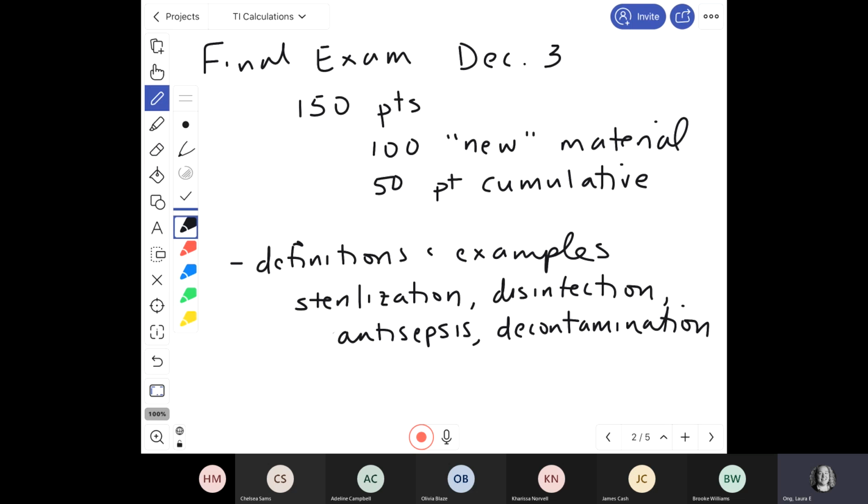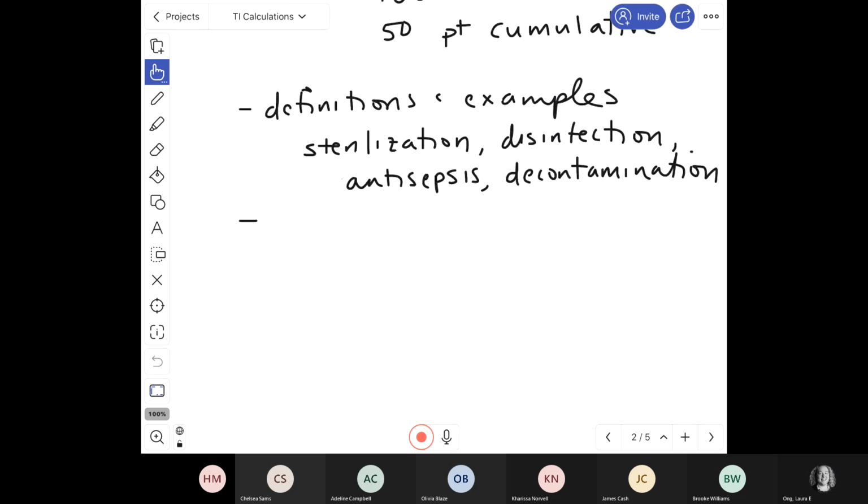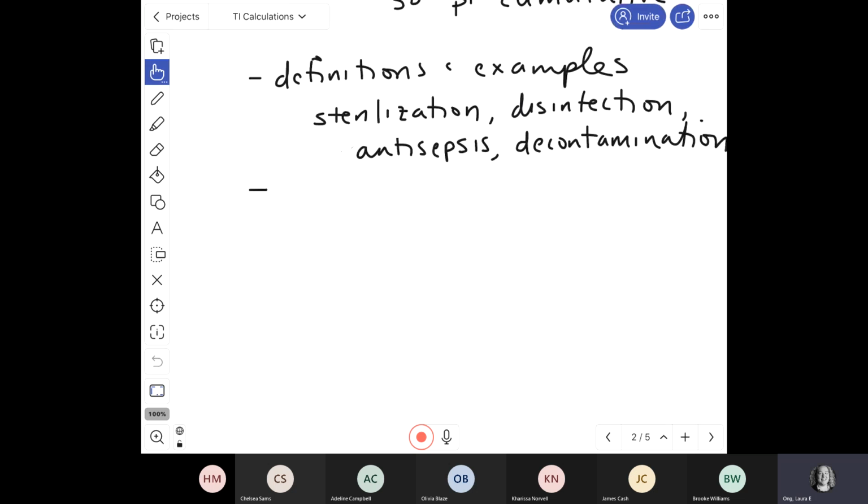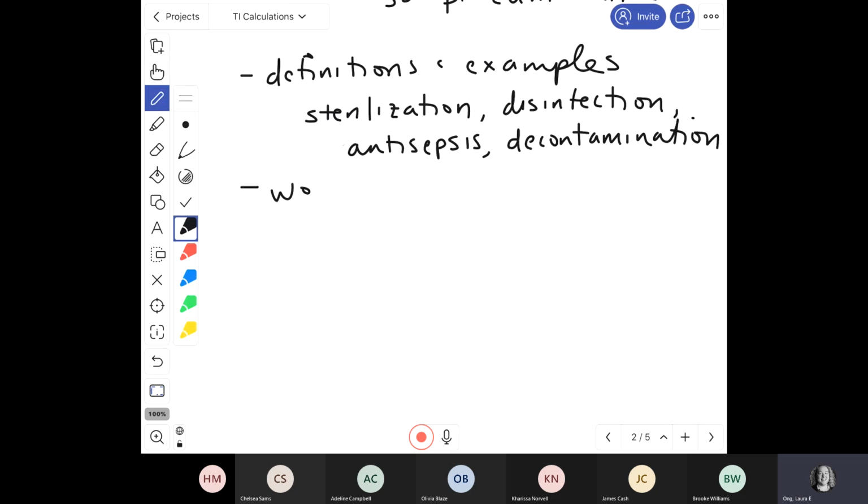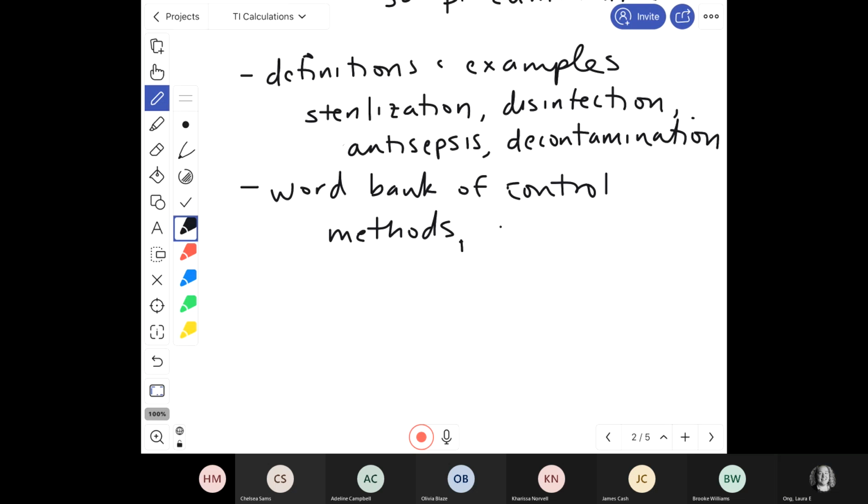The next section on the new material is going to have a word bank of different physical and chemical control methods. And then there are questions about those methods.